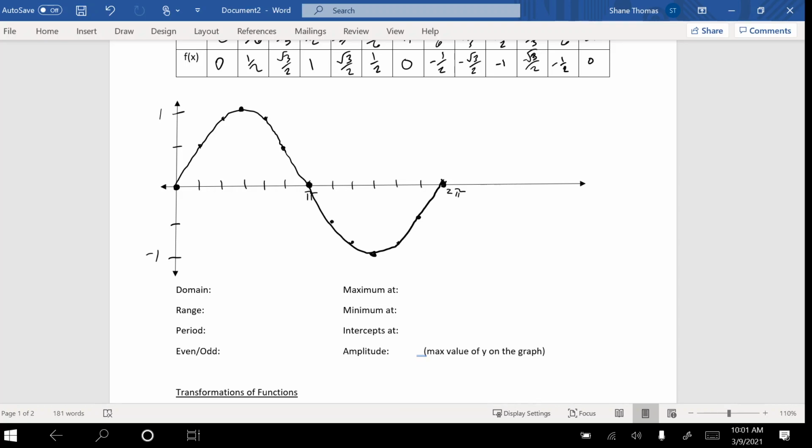First thing I want to do is look at the overall graph. So I went from 0 to 2 pi, right? That made one full cycle. Or someone said earlier it was a circle. It basically made itself the whole way around, right? Started at 0, up, back to 0, down, back to 0.